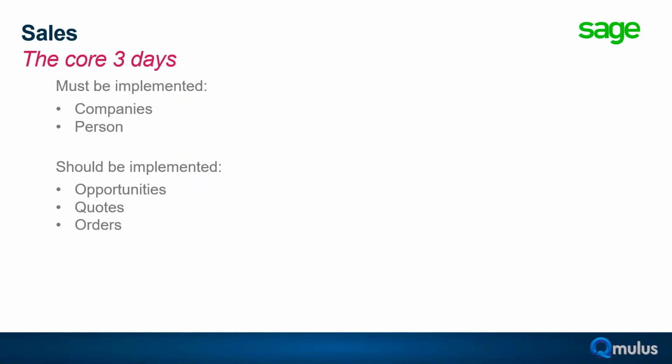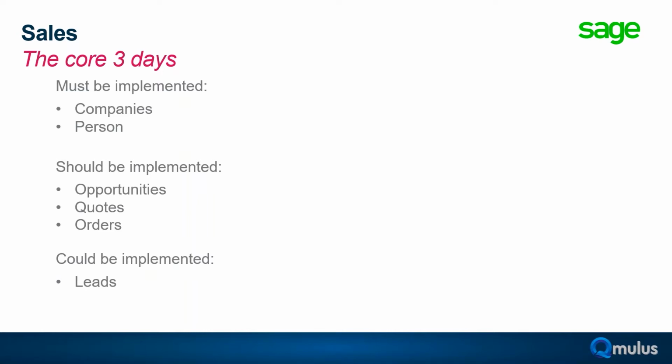Depending on the customer's requirements, leads may also be implemented at this stage. In our experience, the majority of people either use leads quite heavily or they don't really use leads too much. They just have companies of type prospect, for example. So it depends on whether the customer, as part of their process, needs to use that or not.